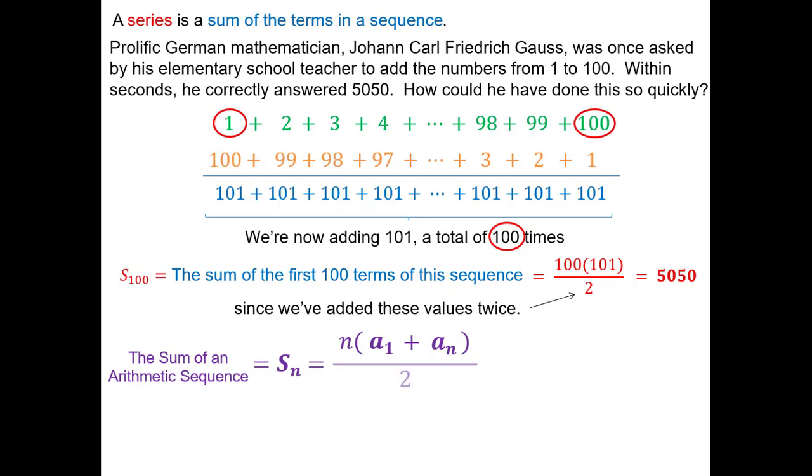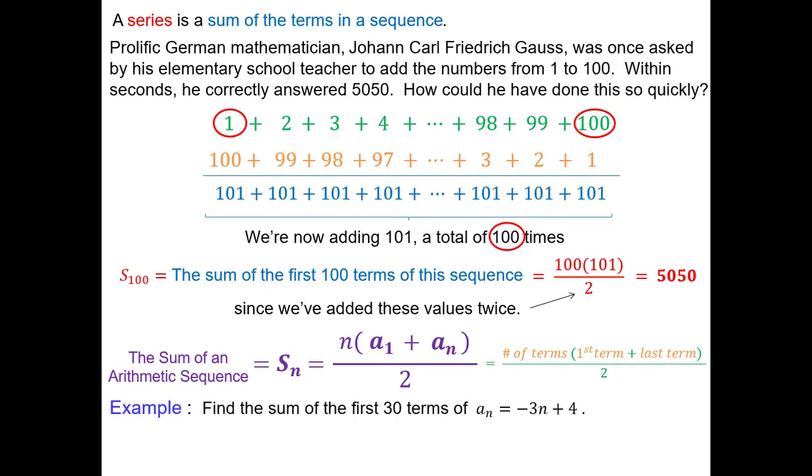And now we simply divide by 2 in order to get the final result, because we added the list twice. And therefore, in general, we took the number of terms, then multiplied that by the sum of the first and last terms. 1 plus 100 is 101. Once we have that, we divide by 2.